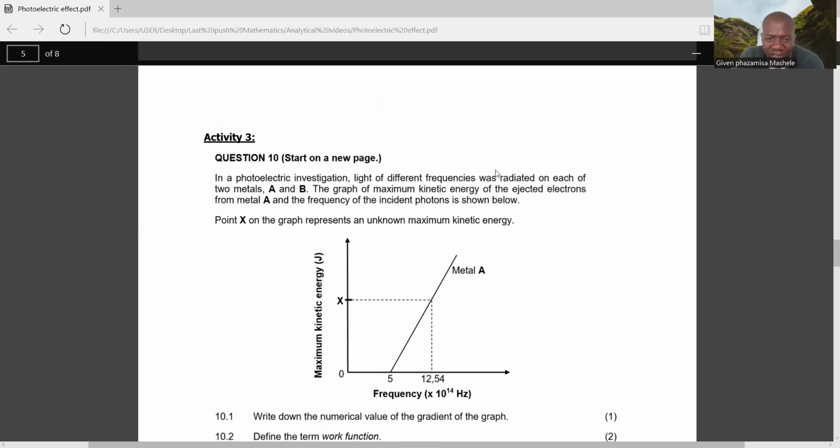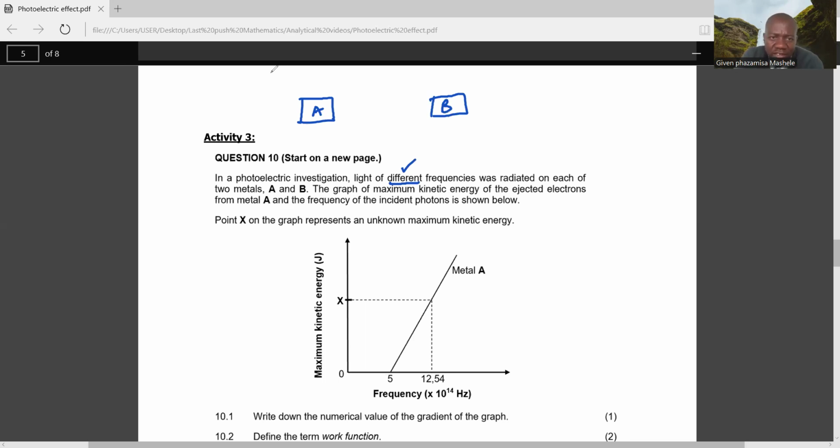According to the question, there are two metals, metal A and metal B. They said different frequencies were radiated on each of these metals.